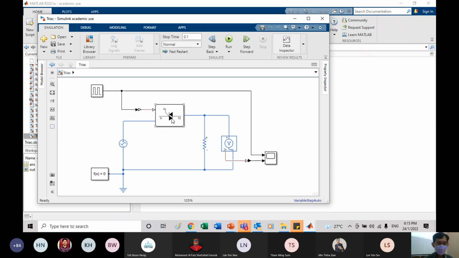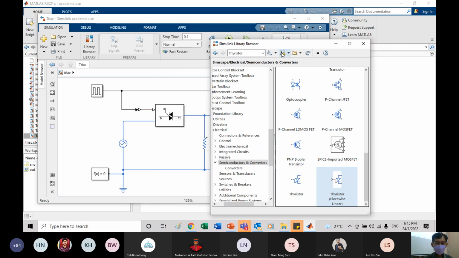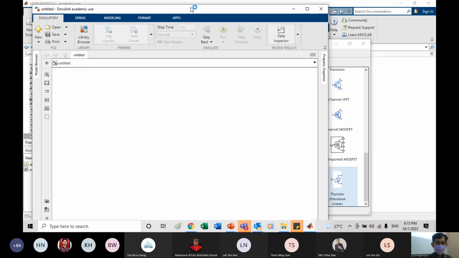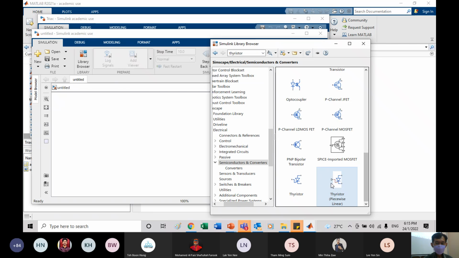Okay, then maybe I show you one very simple example because this one is already created. So I show you the steps now. Okay, I drag this here.